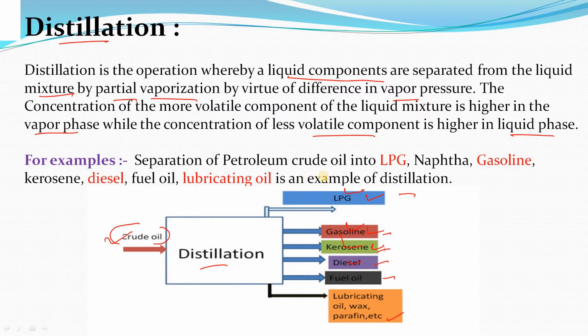It means the component which has a higher vapor pressure will be present in the vapor phase, and the less volatile component, which has less vapor pressure, will remain in the liquid phase, right? So that's why you will see naphtha here, lubricating oil or residues in the bottom section of the distillation column, and LPG at the top.